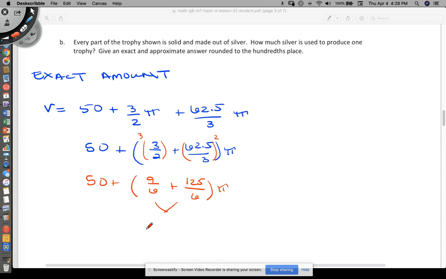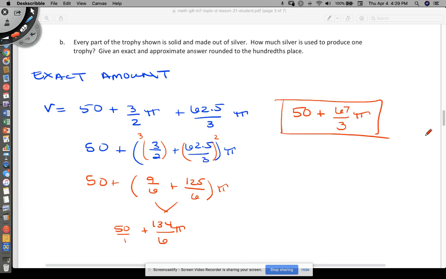When I combine these two, I get 134 over 6. Add that to the 50 over 1. And again, you need a common denominator, but I don't need to actually because that has a pi attached to it. So what I can do is reduce this fraction. I'm going to leave the 50 and the plus. This reduces down by 2 to 67 over 3 pi. So that is my exact answer of how much silver is needed.